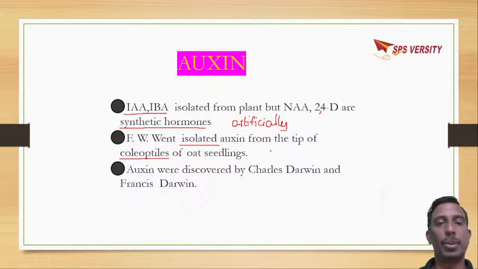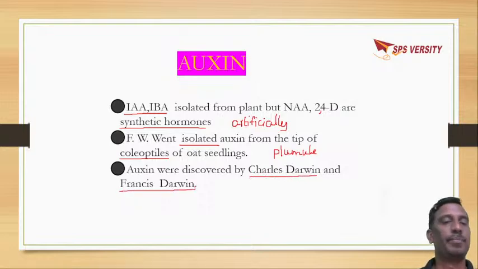So in the embryo, the plumule is protected by a cap-like structure. इसको क्या बोलते हैं कि coleoptile. वो coleoptile से auxins को isolate किया. And when you come to the discovery of auxins, it was done by Charles Darwin and his son Francis Darwin.